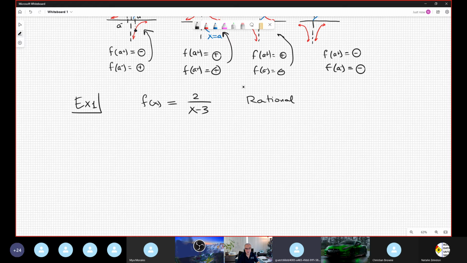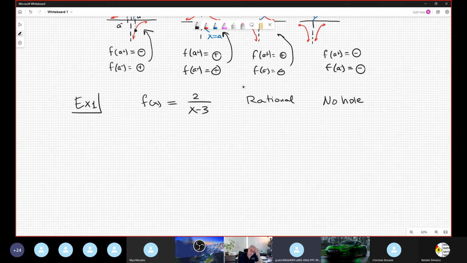The polynomial at the top is degree 0 because it has no x, it's just a constant, and the polynomial at the bottom is degree 1. Now we have no possibilities of simplification, so we have no holes. This function has no hole.